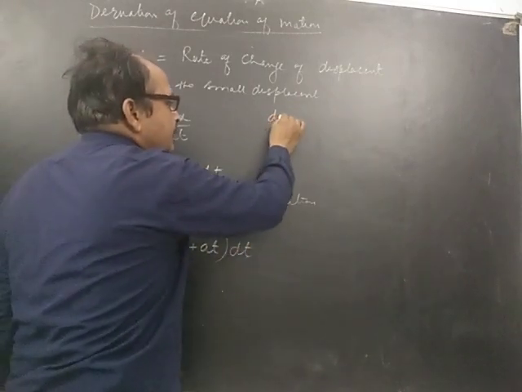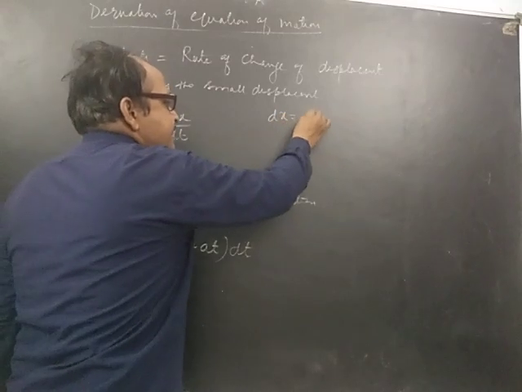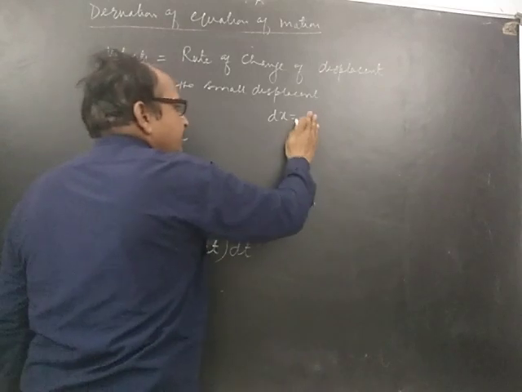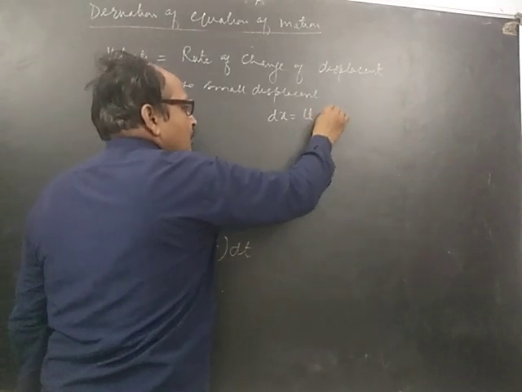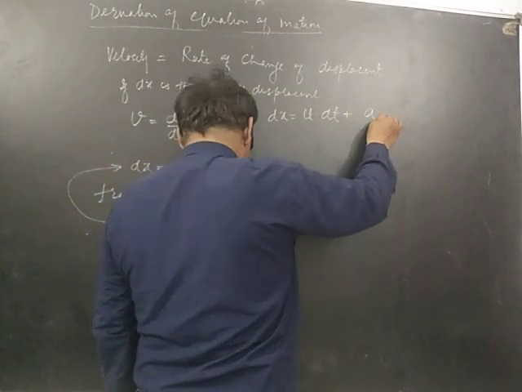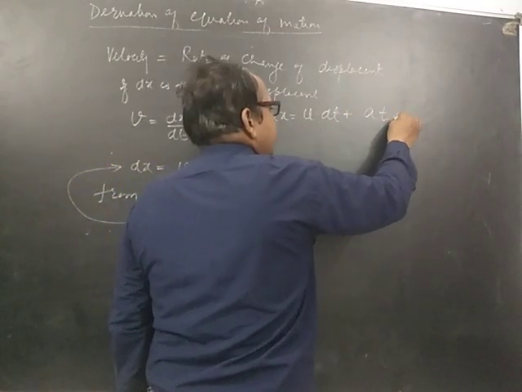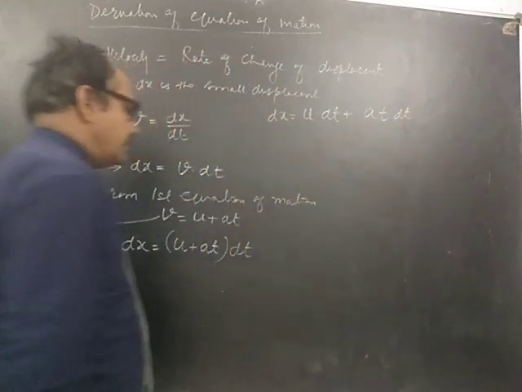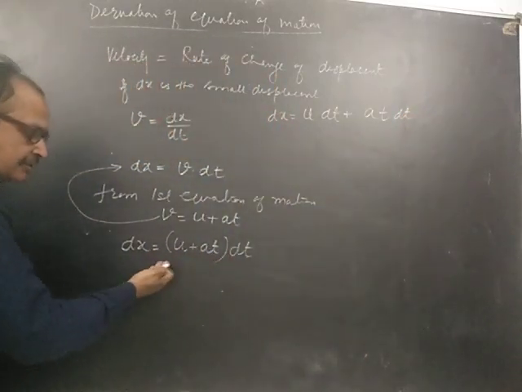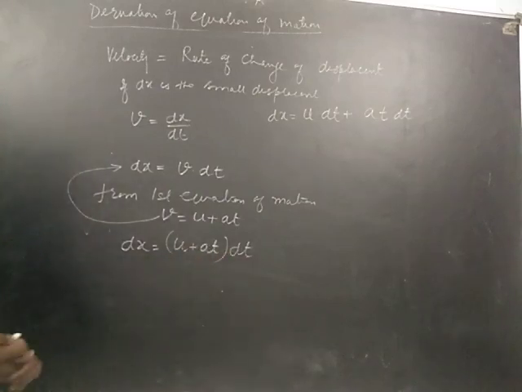We get dx is equal to U into dt plus AT dt. Simple, we have multiplied the bracket with dt.